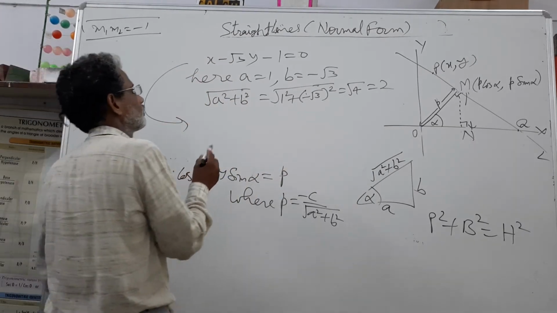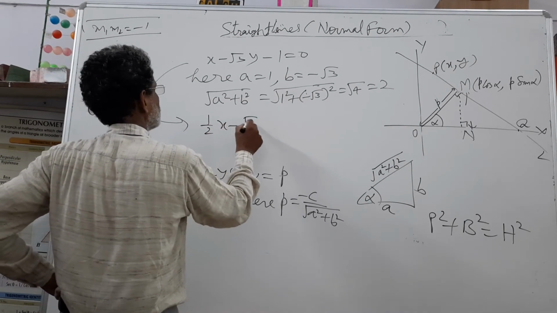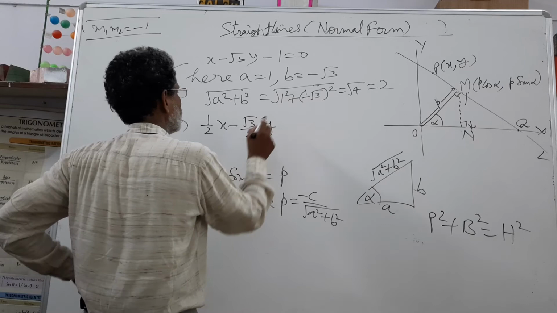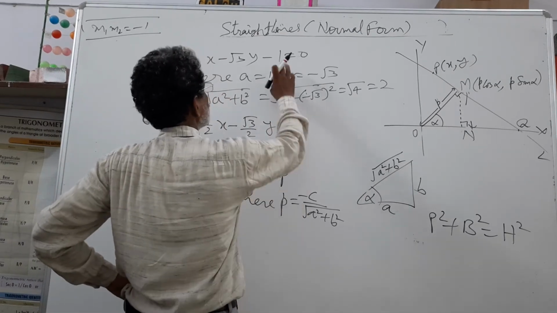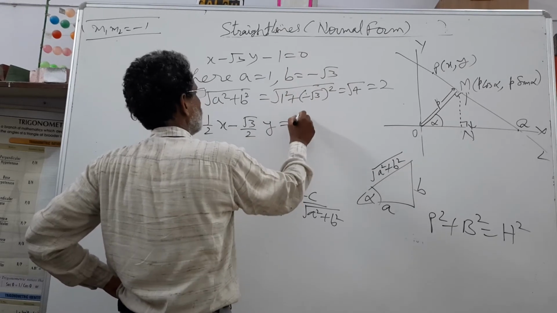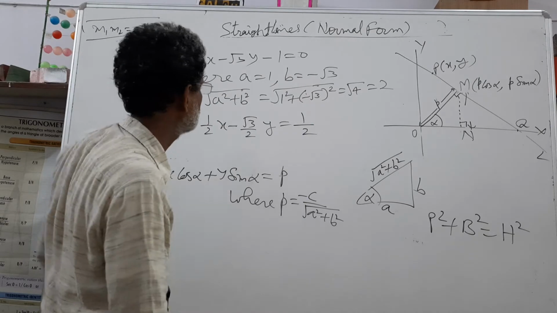Then this becomes 1 by 2 x minus root 3 by 2 y is equal to, sending this 1 to the right portion, 1 divided by 2. The whole equation is divided by 2.